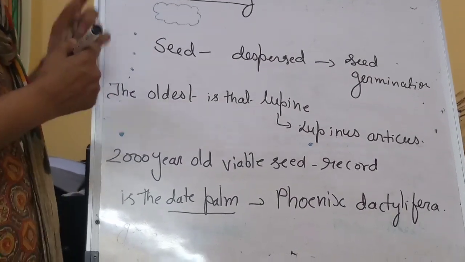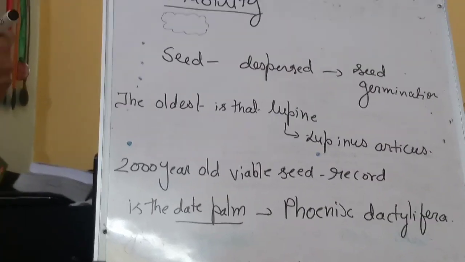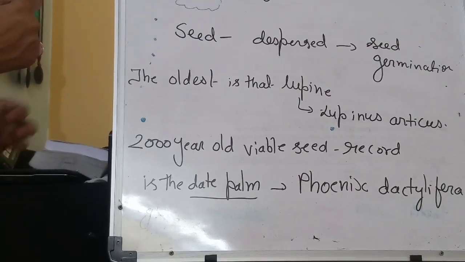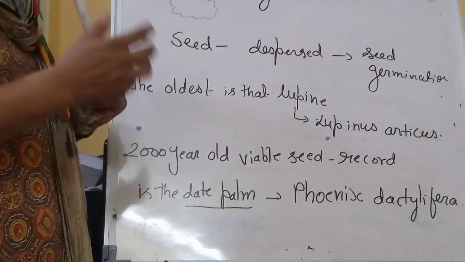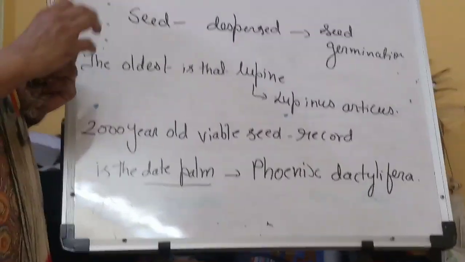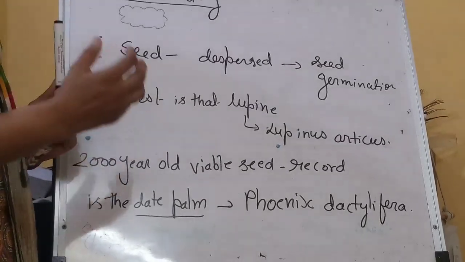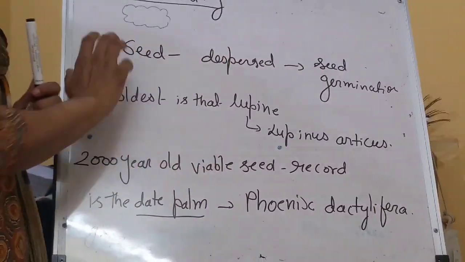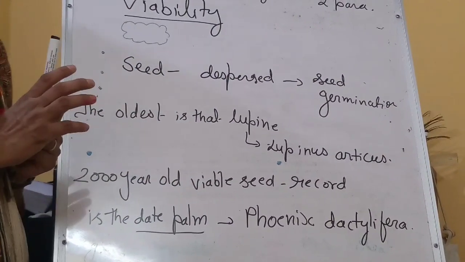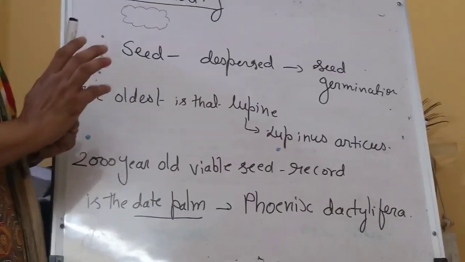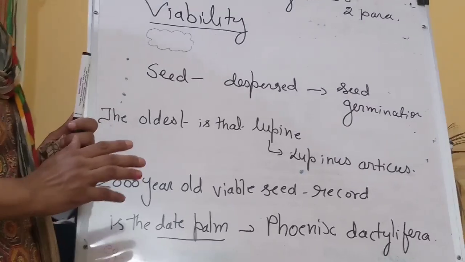You will find this topic on NCERT page number 38, second paragraph. Every seed has a different germination period. When the seed is dispersed, the period after dispersal until it germinates is called seed viability. If they lose that viability, they will be unable to produce plants.